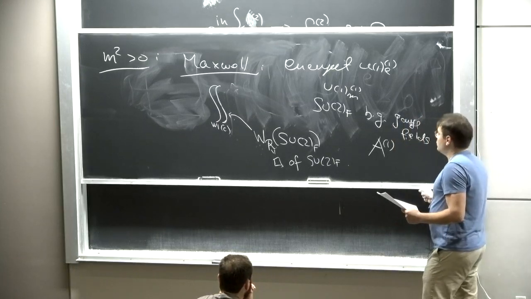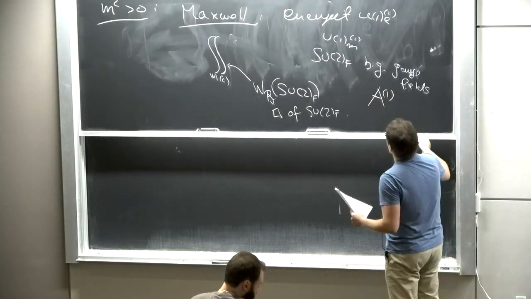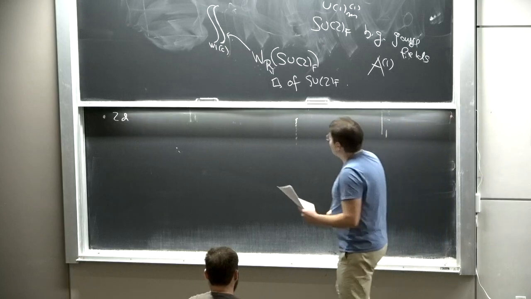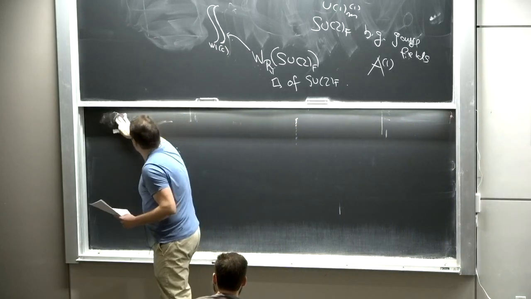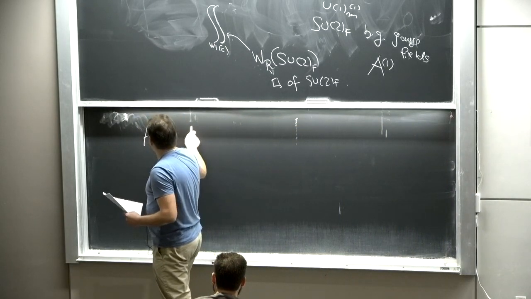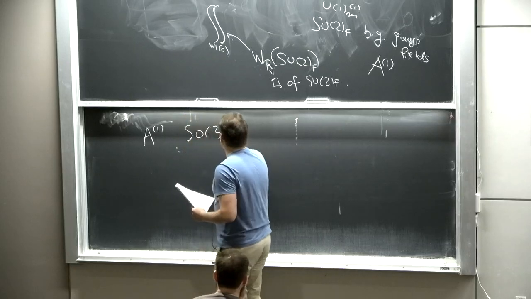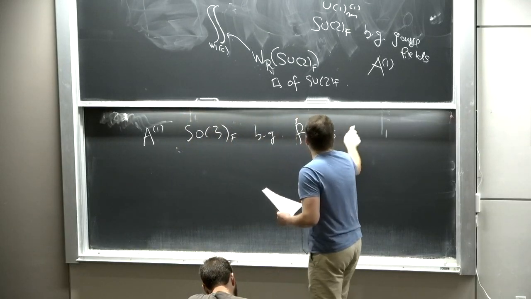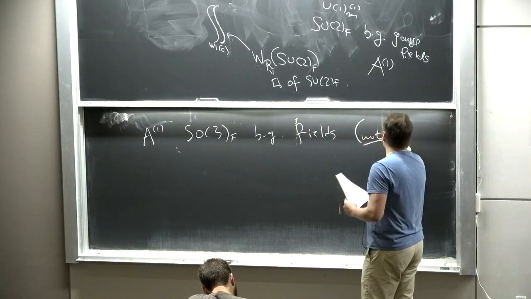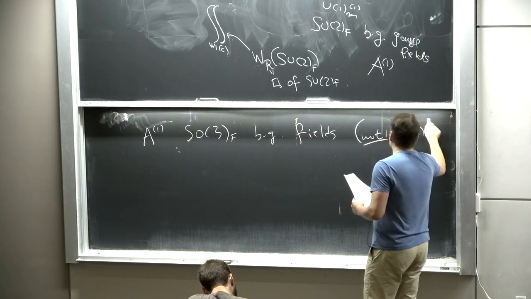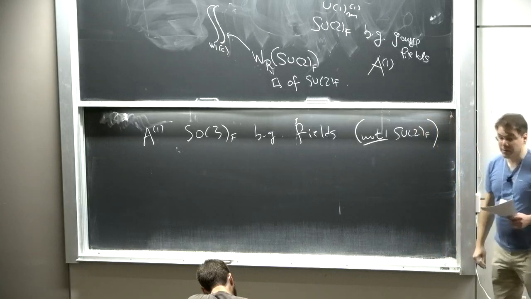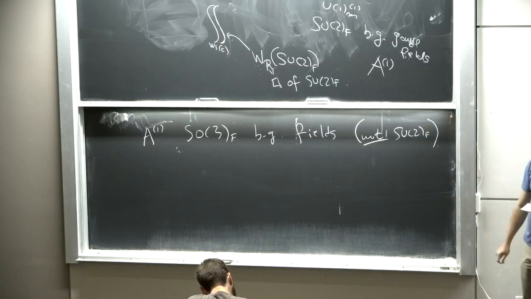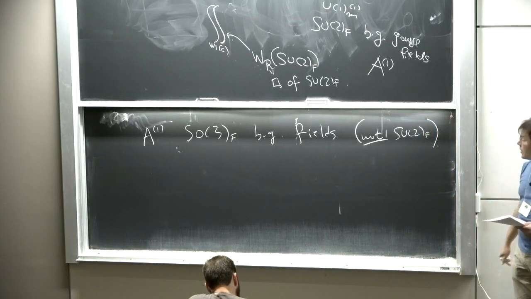And so what we clearly need to do, first of all, is to take the background fields A to be SO3 background fields, not SU2 background fields. That's the statement that the model actually has SO3 symmetry. You can call them SO3 bundles and connections on them.